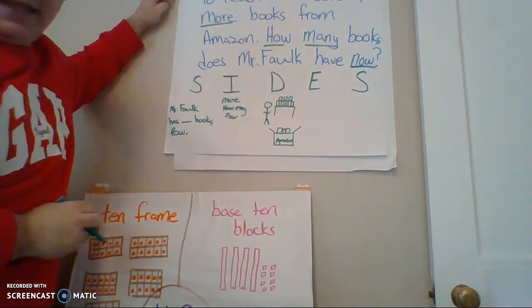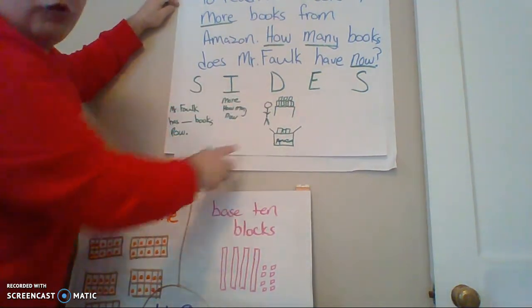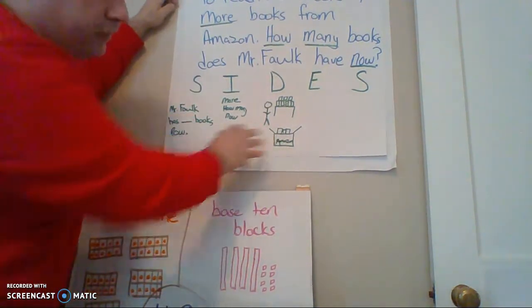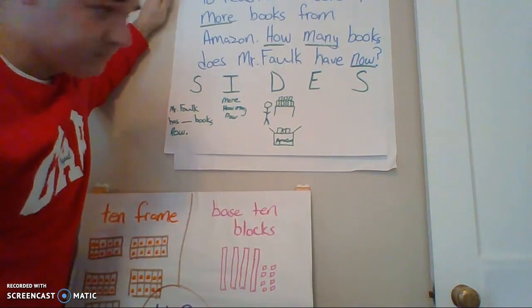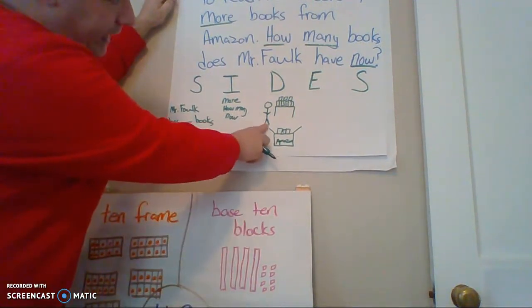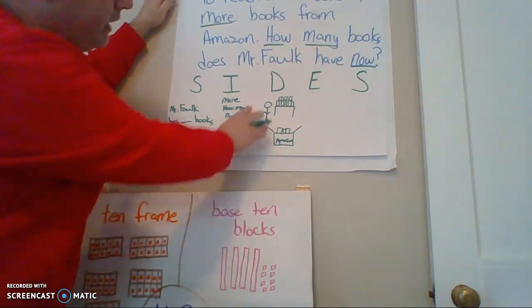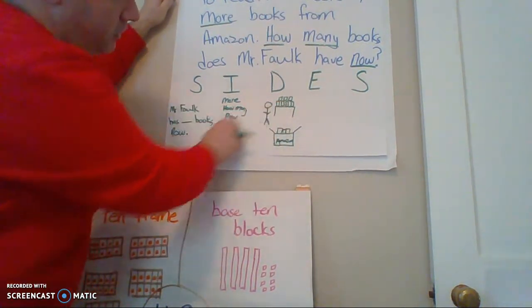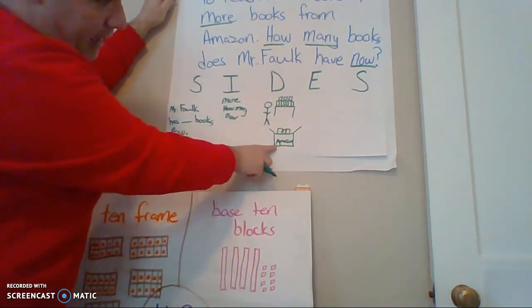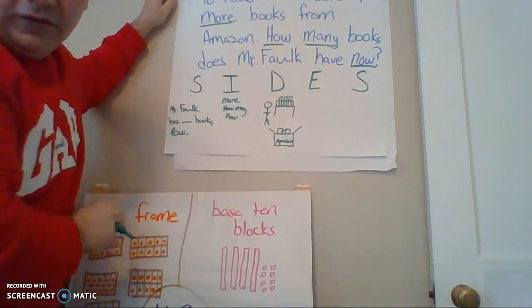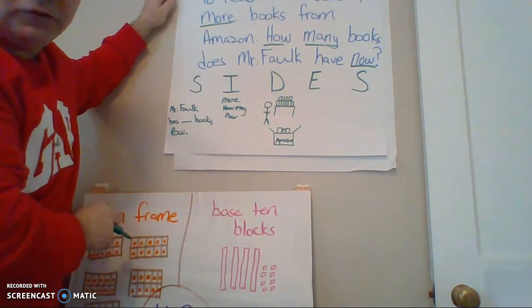And then the D is for draw. I already drew my picture because I'm so bad at drawing pictures, guys. But I drew me standing here, just a stick figure. It's just a sketch. Don't take a whole lot of time with it. My sketch was 7 books sitting out on a table, and then an Amazon box with some more books in it.